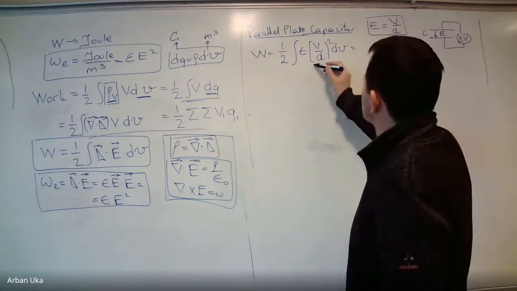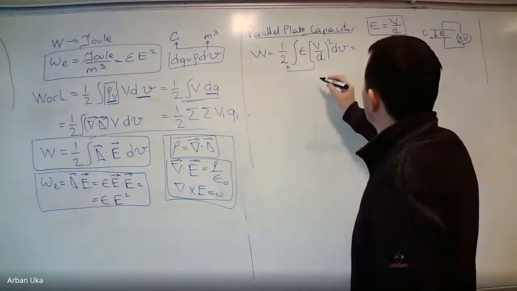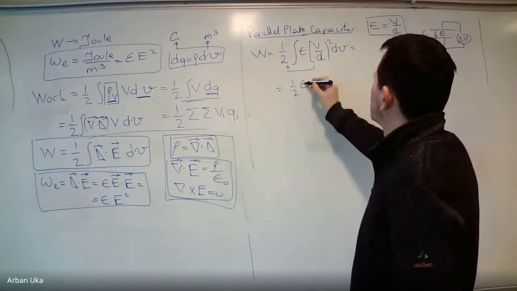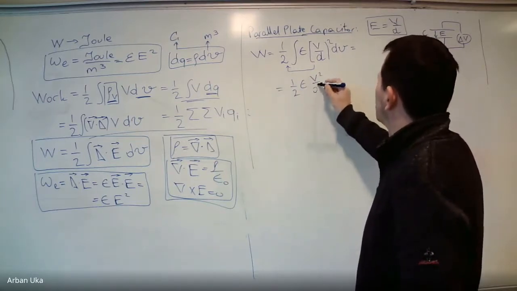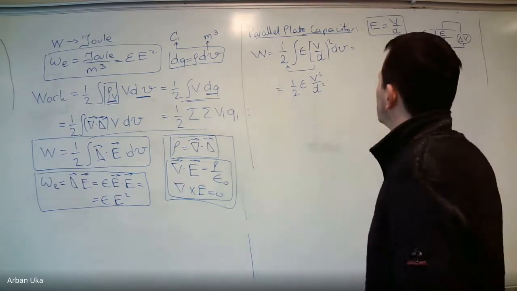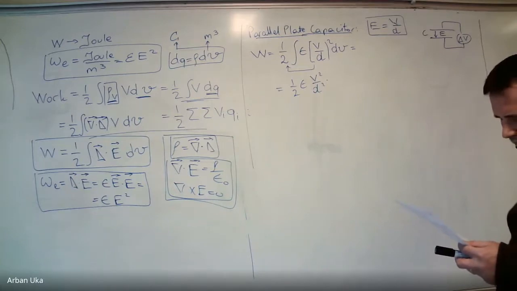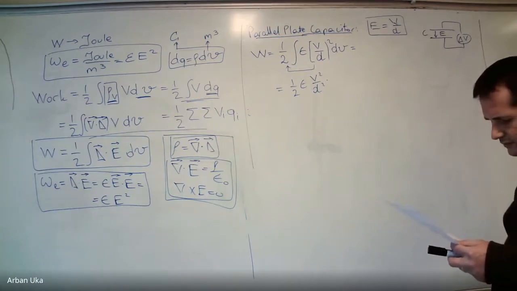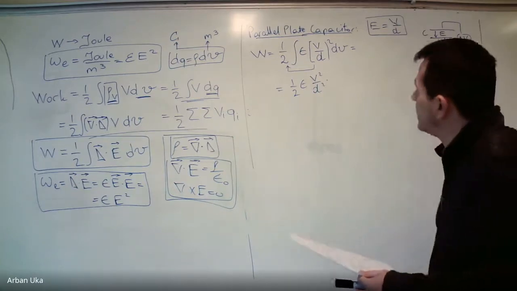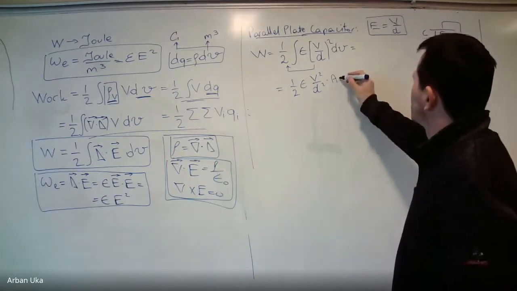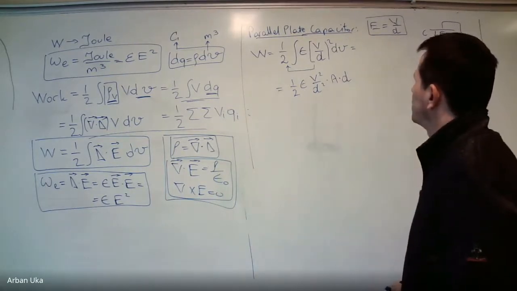Now these quantities are all constants. We can take them out of the integral, and here we get 1 over 2 times permittivity V squared over d squared times the volume, and the volume is equal to the area of the capacitor times the distance between the two plates.